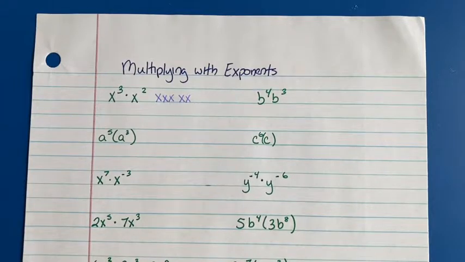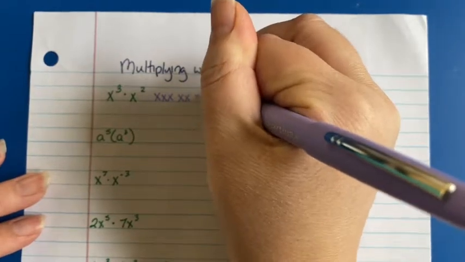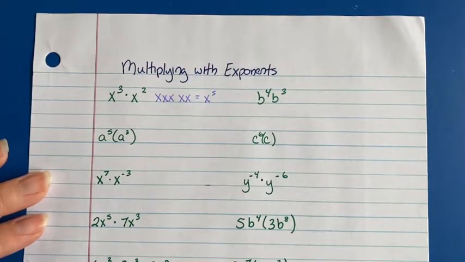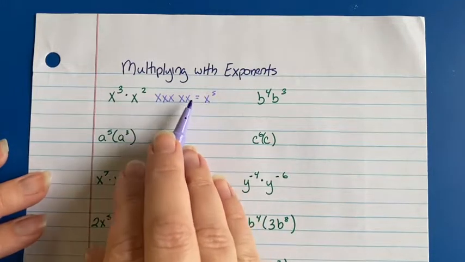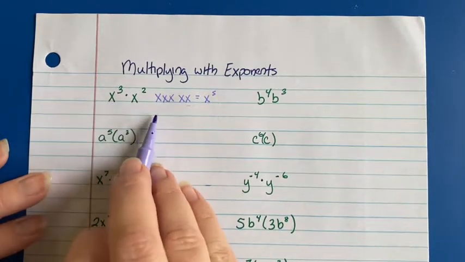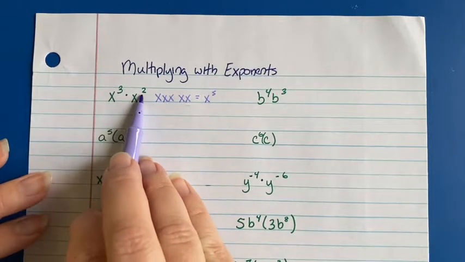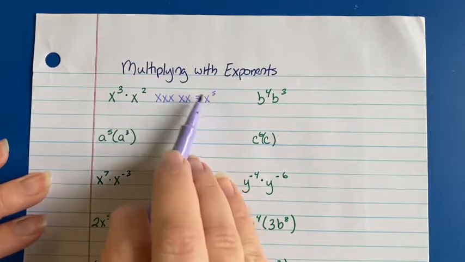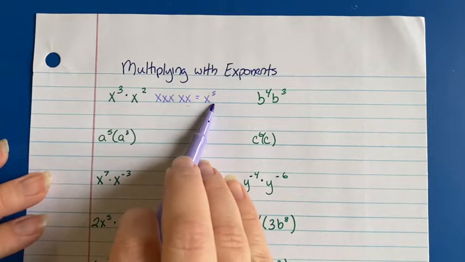So x times itself 5 times, which means I can then simplify that to say x to the 5th power. Okay, so I can expand it out and then combine them all, or I can understand that if I expand them out, I'm going to end up adding the 2 exponents together for the final exponent. Because if I write out 3 x's and then 2 x's, that's going to be 5 x's total.